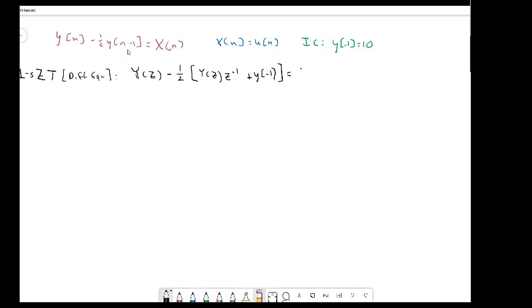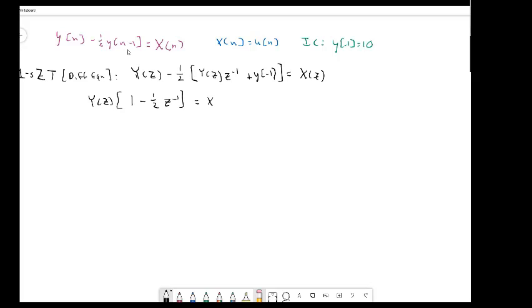And that equals the Z transform of x, the input signal. So with that now, we can factor out a Y of z because we know we're going to want to group that by itself on one side of the equation. So we have Y of z times 1 minus 1/2 z to the minus 1.